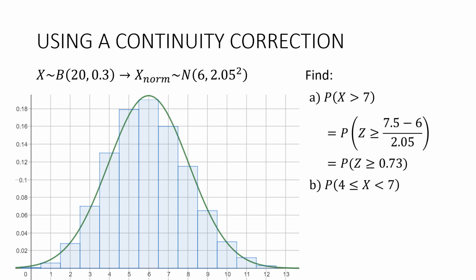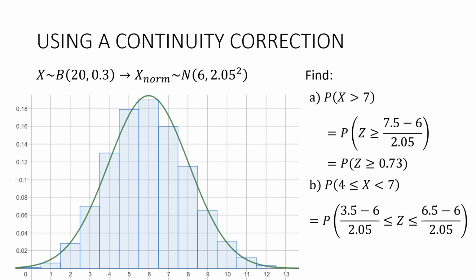And with this one, I want x to be in between 4 and including 4, but less than and not including 7. So I want to include this. So I want to go from 3.5, up to, but not including 7, so up to 6.5. So you can see how I've put that in, 3.5 in for x here and 6.5 in here for x.